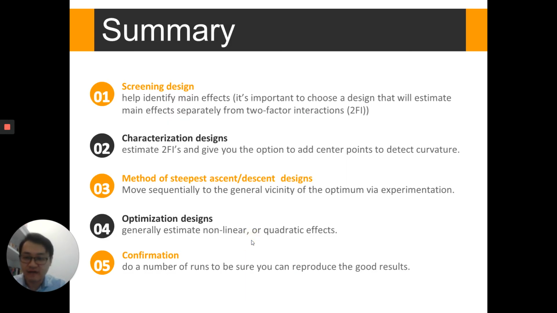So before I end my lectures, I will go through a summary of what you have learned along my lectures. You have learned the design of experiments, three-level factorials, and screening using the two-level factorials, characterizations, two-level factorials, then the method of steepest ascent for the improvement of the range to find the optimum region.